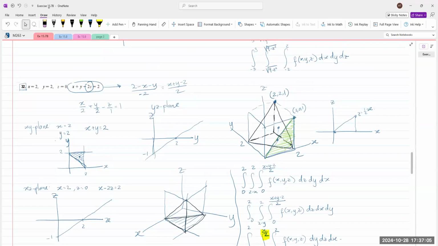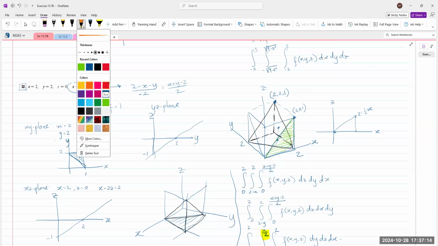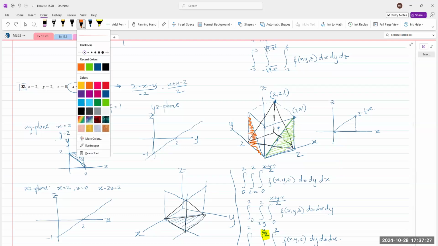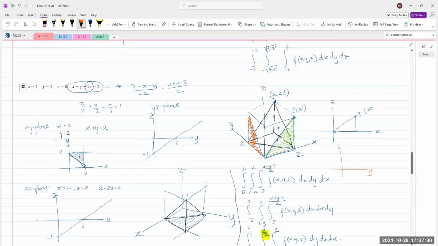Now on the other wall, the YC wall, we will have this situation here. This is the YC wall. It will be similar. This is 2, this is 1, and that's what we get.